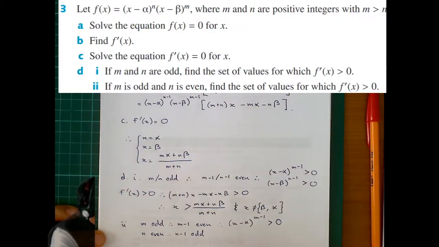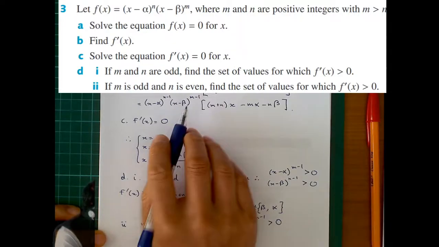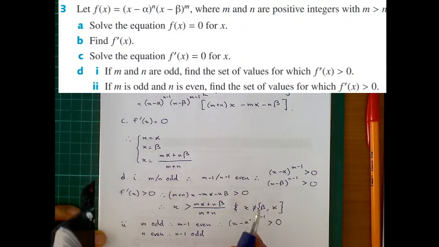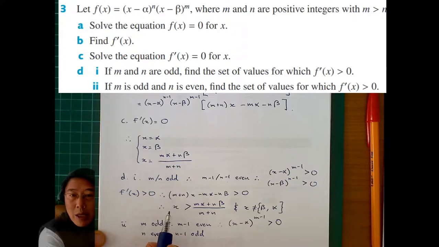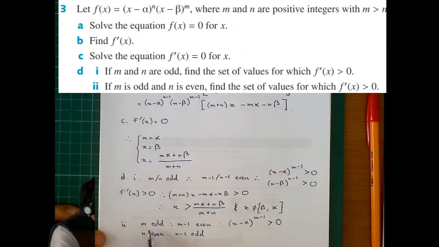Okay, so if n minus 1 is odd, it means n is even. So if we take, I think I did it backwards. Hang on, m is odd, but m is the power of beta. Let me fix that. That's beta.